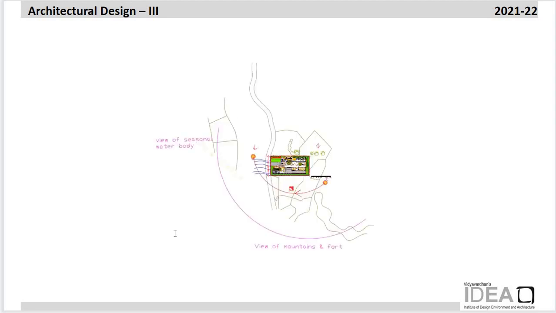Design development plan. As I said earlier, there is a view from the south side and there is a view of the seasonal water body from the west side, and there is a 12-meter road which comes from Nashik and goes towards the rear of the fort, and outside the plot there are many paddy fields.